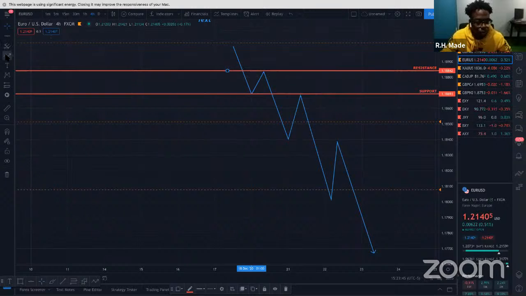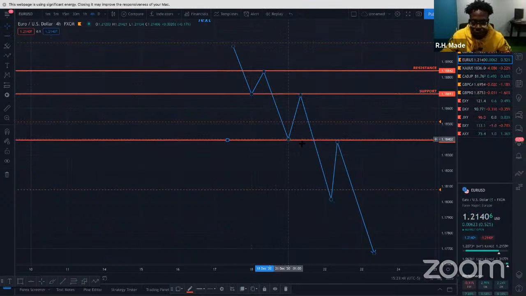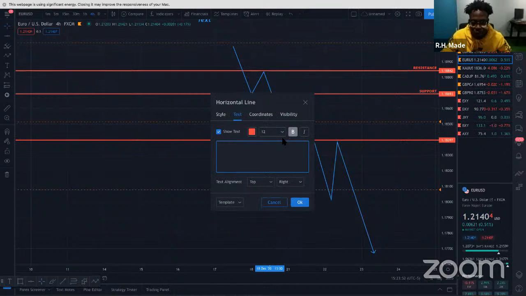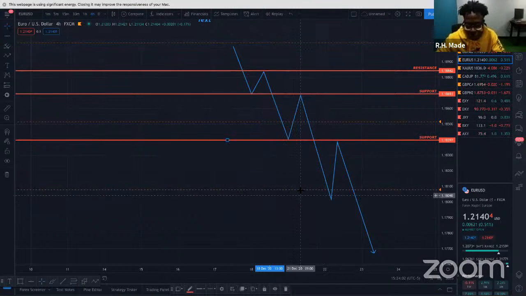Okay, so now what's going to happen is it hesitates at this point, resistance. Sorry, support, my fault. New support comes back up.